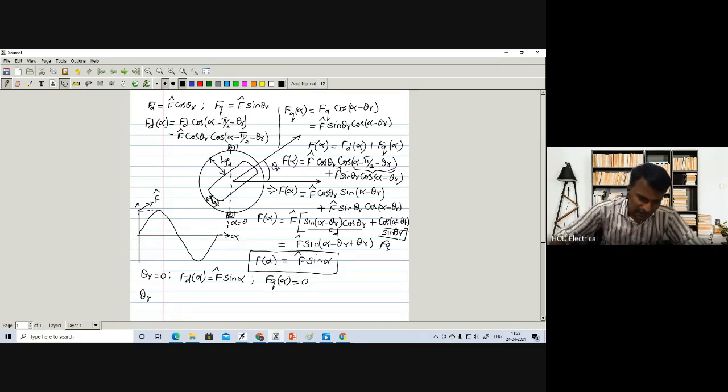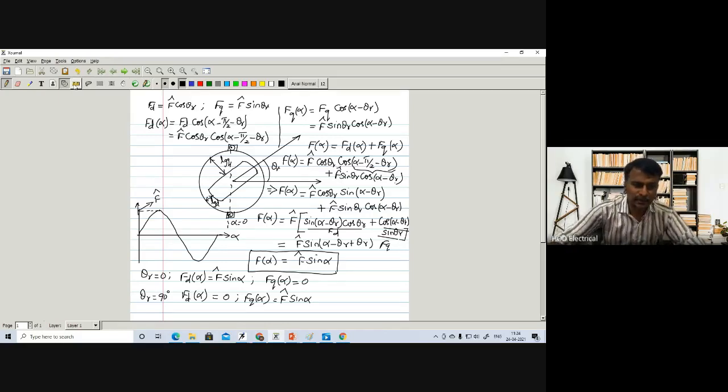Similarly, if theta r equals 90 degrees, the values are vice versa: FD of alpha equals 0 and FQ of alpha equals F cap into sine alpha.